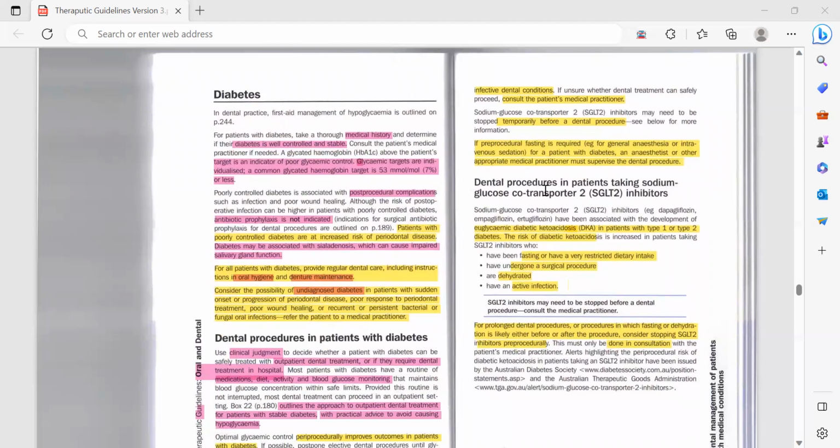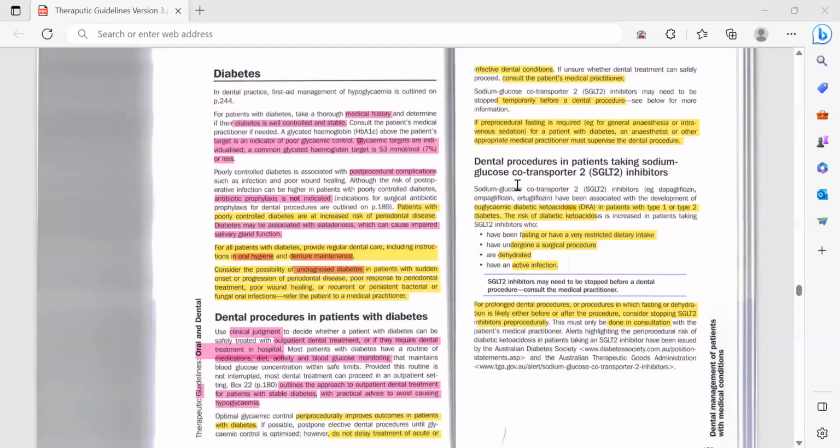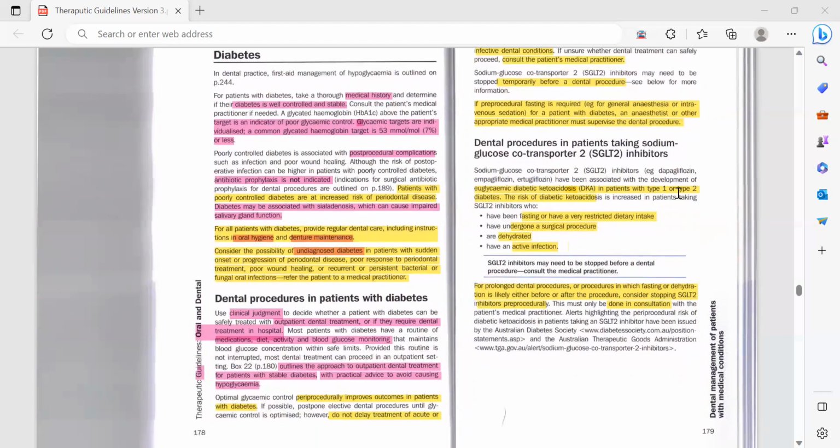Okay, so dental procedures in patients taking SGLT2 inhibitors. If these patients are taking drugs like dapagliflozin, or any of the drugs which have the flozin part, they have been associated with the development of euglycemic diabetic ketoacidosis.